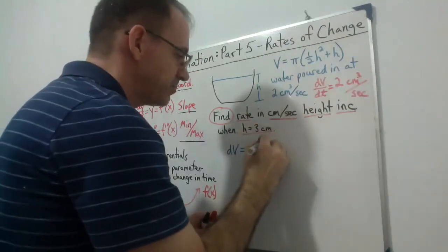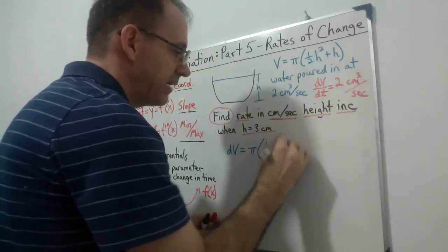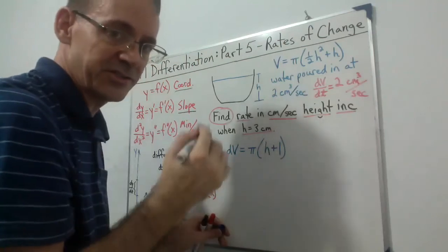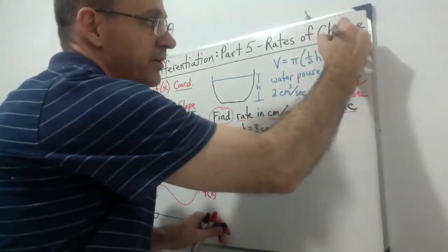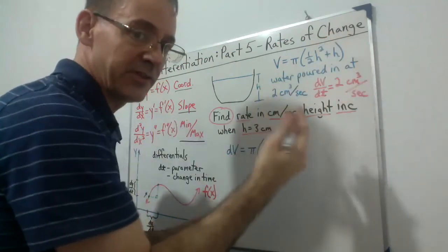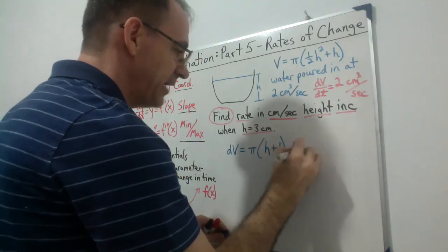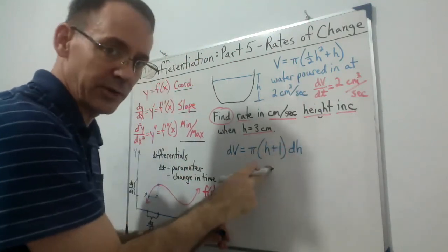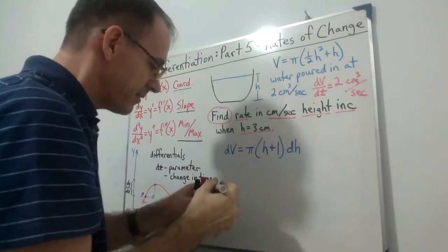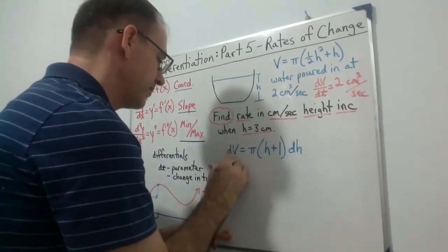Subtract 1 from the exponent gives us h, and then we have a plus h, meaning we get a plus 1. The derivative of h is just 1. So the exponent's 1 times 1 is still 1, and then 1 minus 1 for the exponent, 0, the h goes away. But then our differential, dh, don't forget the differential goes with the variable. Then we can supply our dt, our time.